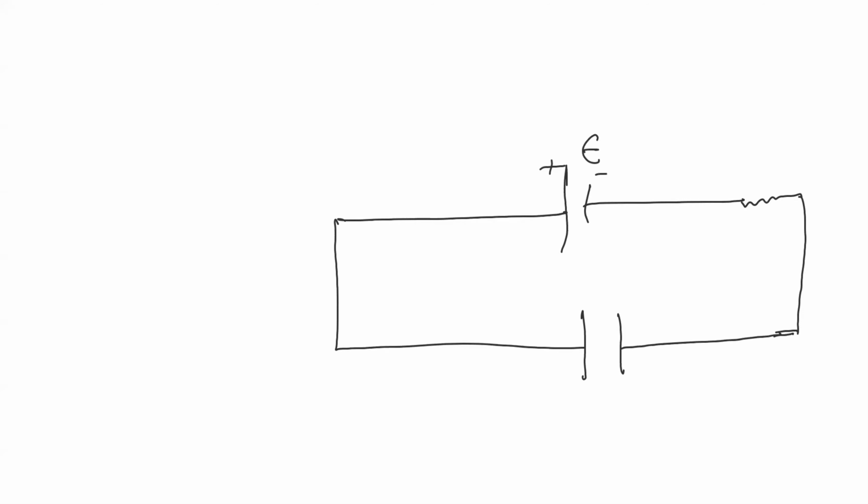How much will be the final energy on the capacitor, or what will be Q final on the capacitor? Let's take capacitance as C. So we will say that finally whatever be the potential difference across this one, the same will come across this.